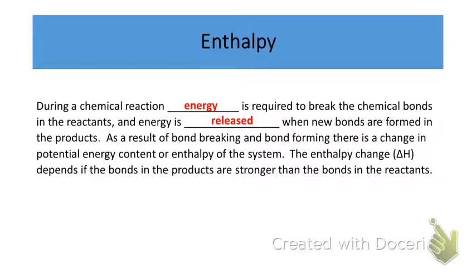Alright, so during a chemical reaction, energy is required to break chemical bonds in the reactants, and energy is released when new bonds are formed in the products. As a result of bond breaking and bond forming, there is a change in the potential energy of the system. Enthalpy changes depend on the bonds in the products compared to the bonds in the reactants.